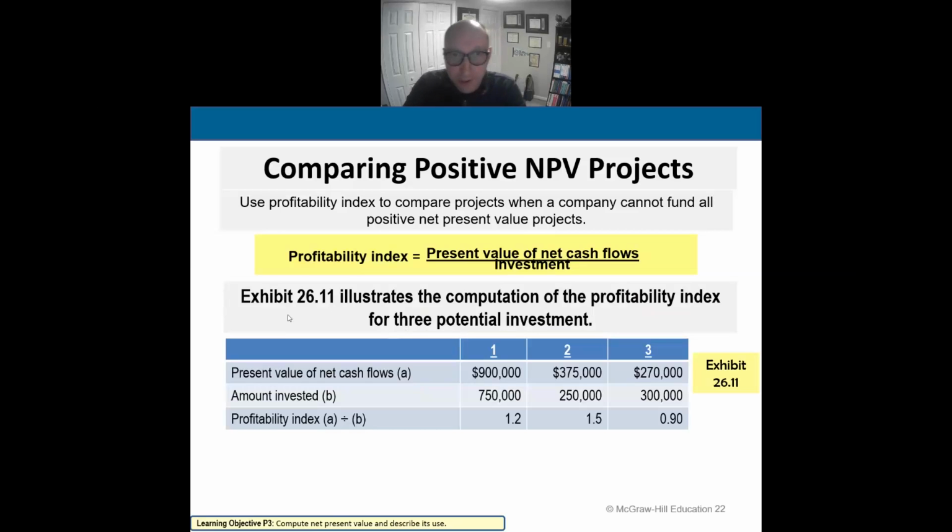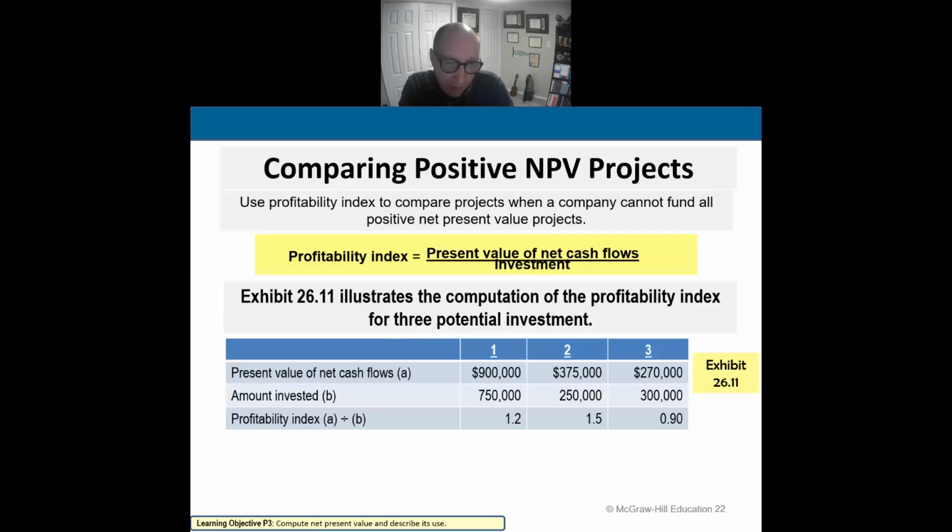And one of those methods is also using the profitability index. Profitability index will help you make the best possible decision. And this one's a pretty straightforward formula. It's the present value of net cash flows divided by the initial cost of the investment.